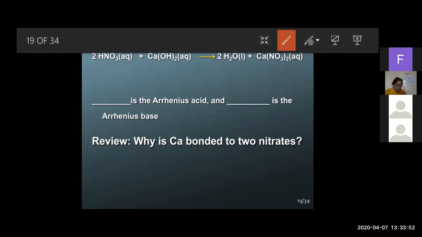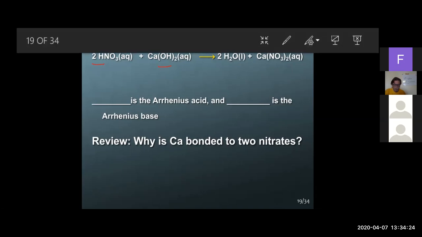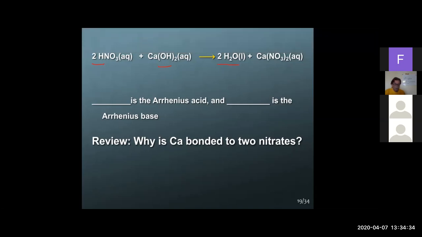So with respect to the protons, okay, nitric acid on the left has 1 proton in this formula. Calcium hydroxide has 2 hydroxides. So this is an example, we got an acid and a base. This is an example of a neutralization reaction. Because there's 2 hydroxides, I require 2 nitric acids to neutralize those 2 OHs. So I end up creating 2 molecules of water.